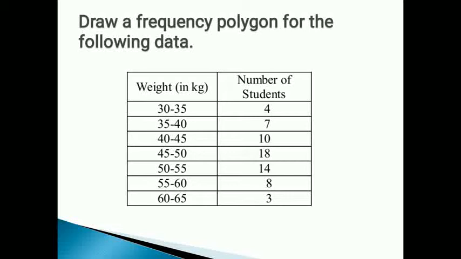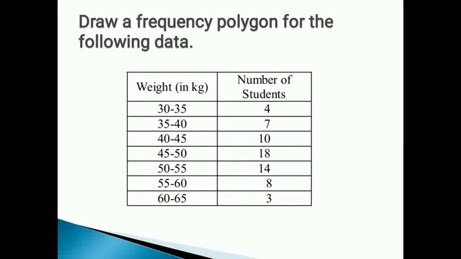Second last class is from 55 to 60 kilograms and the number of students included in that class is 8, and the last class denotes the weight of students from 60 to 65. There are 3 students included in this class.